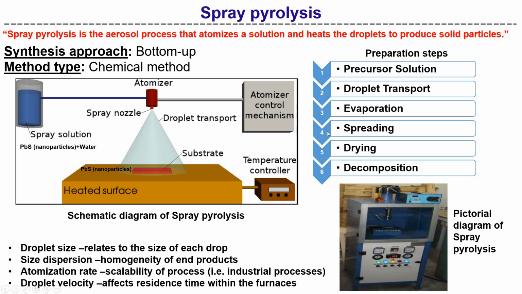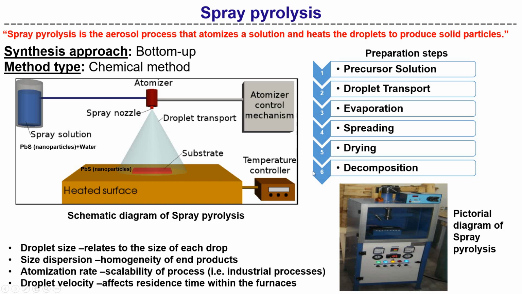Then spreading. When the vapor evaporates, when water evaporates, the solid particles try to arrange themselves into a specific format. So spreading of the particles will occur. Then we can dry. After deposition, after completion of the process, we will take the substrate from here and then separately we can dry, because there are chances that some residues of the solvent can be there on the substrate.